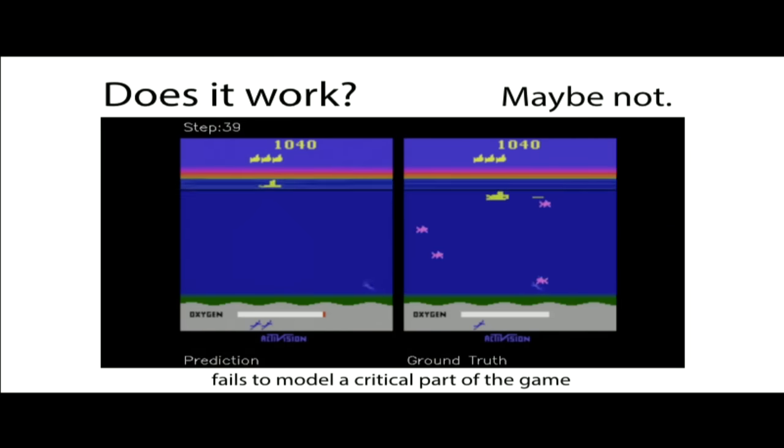So it's really failing to model a critical part of the game, which is that you want to know where the fish are and where the divers are so that you know where to shoot and where not to shoot. But that said, this game is actually really hard because the fish and the divers kind of come out of nowhere. So it's hard to predict where they're going to come. There's actually a lot of uncertainty about where these things are going to appear and when they're going to appear.